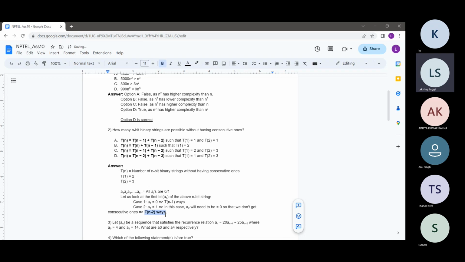So I'll just underline this also. So now what does this imply?